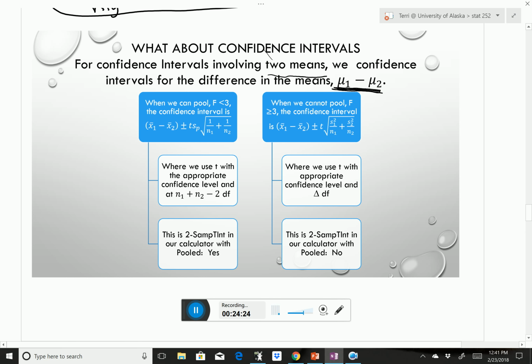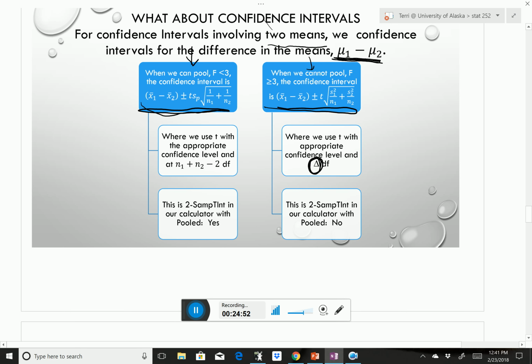Okay, so here's the difference when we can pool and when we can't. So here's what they look like when we write them out. And of course, we use T with the appropriate confidence level and N1 plus N2 minus 2. Here we use the T with the appropriate confidence level and this weird degrees of freedom that we found on the previous page. And what we're going to be doing is using 2-SampTInt.